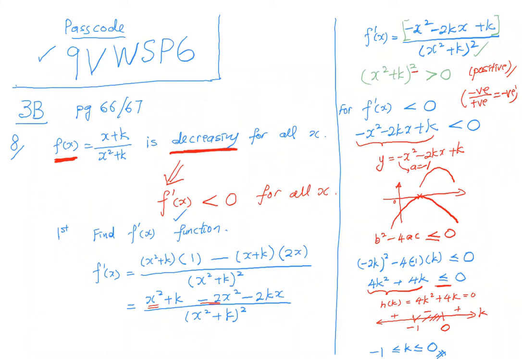Is there any other question in 3B that you need my help? Wait, can you please tell me again why you do b squared minus 4ac? This is for a quadratic function. I want to know whether it has x-intercept or no x-intercept.